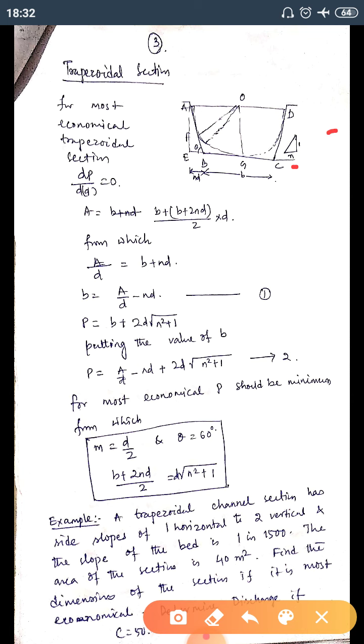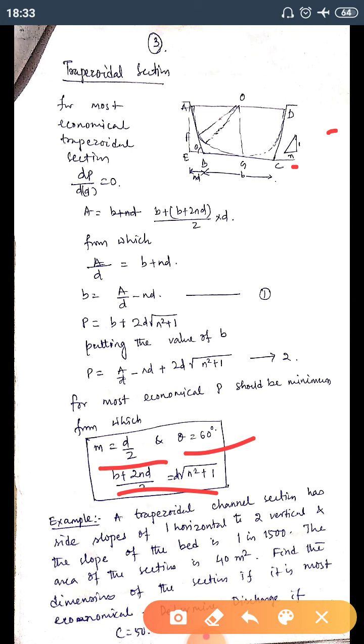From that, we get the area A is equal to (B plus 2ND) by 2 into D, so A by D is equal to B plus ND. Putting all these values and calculating, m is equal to D by 2, theta is equal to 60 degree, and B plus 2ND is equal to D into root of N square plus 1. These are the conditions for a most economical channel section.